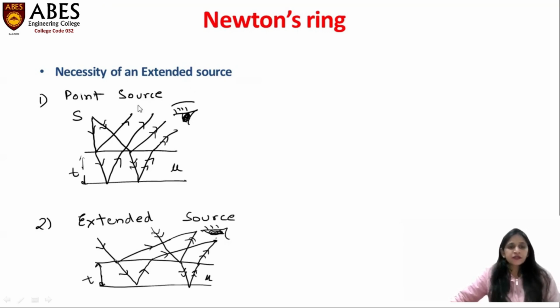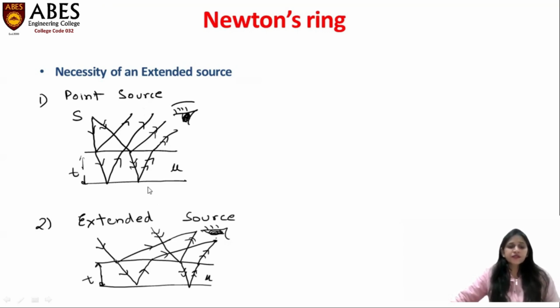When a thin film is illuminated with monochromatic light from a point source and viewed with a lens of small aperture, light reflected from the corresponding points on the film does not reach the eye. Over here you can see this point is not reaching, only these two rays are reaching the eye. So the whole illumination is not reaching the eye if we use a point source.